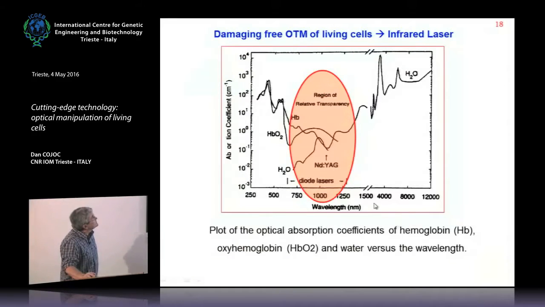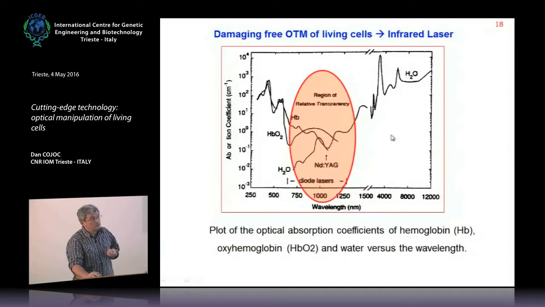So, simple but useful. A simple graph here shows why the region of wavelengths used in optical trapping is infrared. Because we have a good compromise between the absorption of light by the biological components of the cells and by the water.